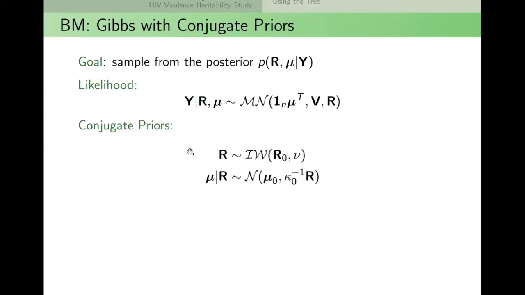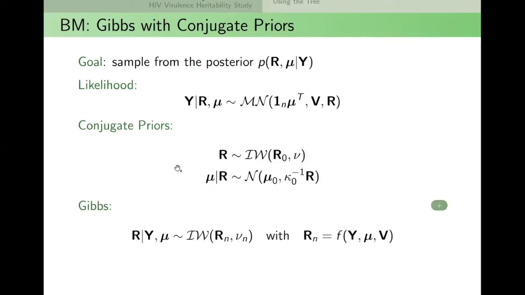So what you can show is that you can use conjugate priors. If you take an inverse Wishart prior for your variance matrix, and then a normal prior conditionally for your expectation vector, then you can do a Gibbs sampler, because you can express the distribution of one parameter given all the others, and it's still an inverse Wishart matrix with some parameters that you can compute.